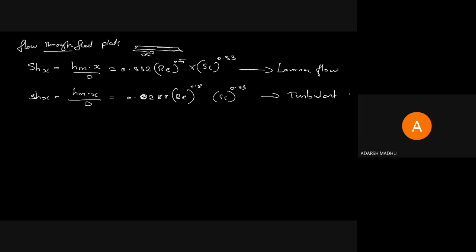So first you find the RE value, and by using that RE value you can realize whether it is laminar flow or turbulent flow, and thereafter use the equation to do the problem.